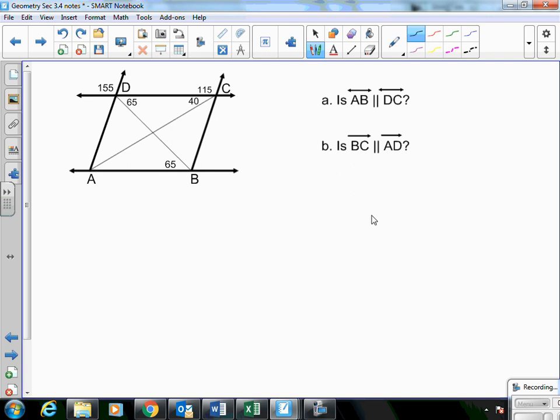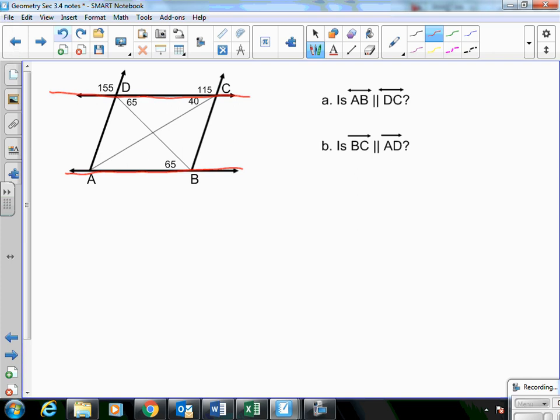All right, so lastly, we've got this picture here. What to determine is whether line AB is parallel to line DC. So AB and DC, talking about the bottom line and, oh, that's not very straight, let's try that again, the top line.